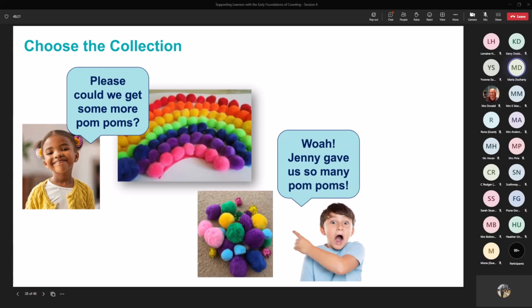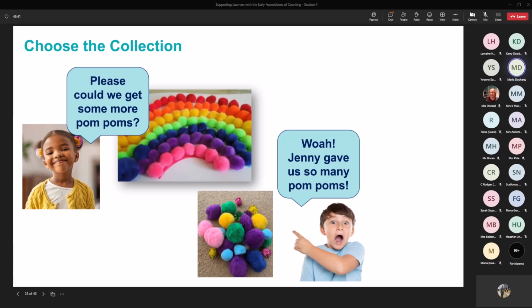And whoever it was that was leading this and the adult that was in the room gave them loads of pom-poms. And again, think back to your own learners. I think from me, they want more and they'll say, oh, I've got millions and trillions, and they start making up these words because they want more and more. And we can see Daniel saying there, oh, we've got loads of pom-poms.